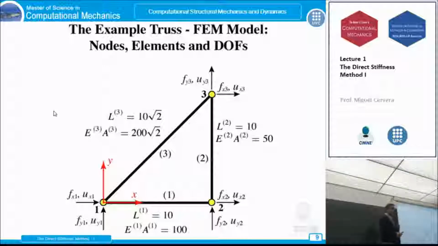And I am going to also define the nodal forces associated to these degrees of freedom. So associated to this horizontal degree of freedom, I'm going to call this fx1 and this fy2 and so on and so forth. Okay? So this is just preparing to work, but this is setting up everything I will need later on. Okay?